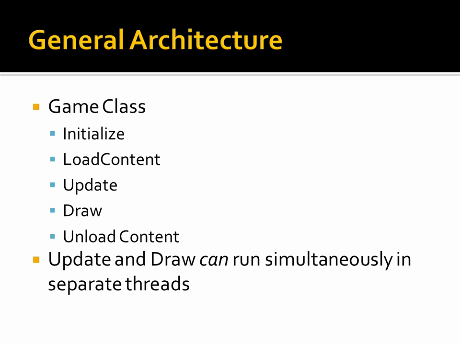Here's what happens. At the beginning of your program, you can decide to lock your frame rate. If you lock your frame rate, then it's not really separate threads, but Update and Draw run independently. By general convention, when the game starts, it runs Initialize, it runs LoadContent, and then it calls Update, it calls Draw, it calls Update, it calls Draw, in a circle, ad nauseum, until you call Exit, in which case it calls UnloadContent.